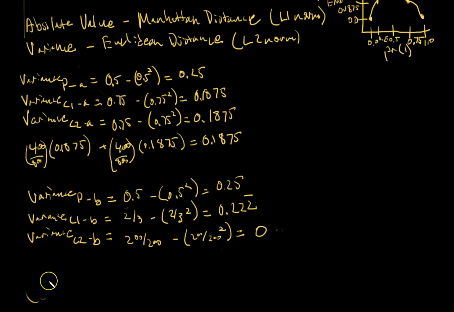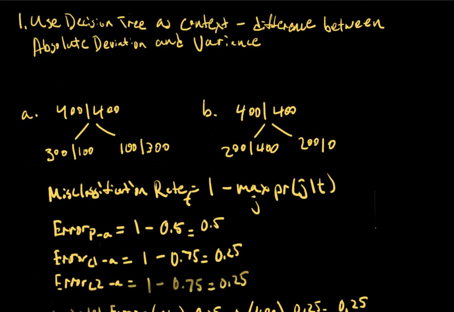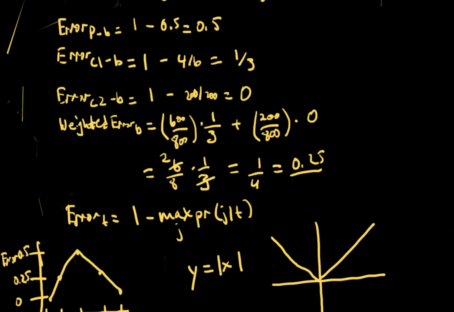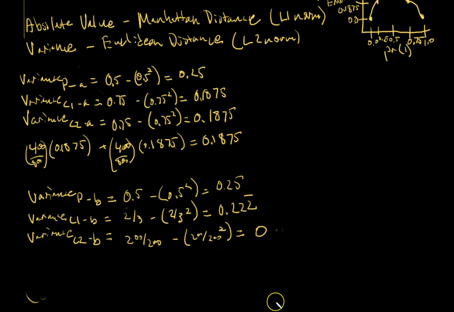Okay, so then let's see what the weighted average of these two child nodes is. For the first node, recall that we had 600 that went into the first child, and we have 200 in the other node. So those are going to be the weights.